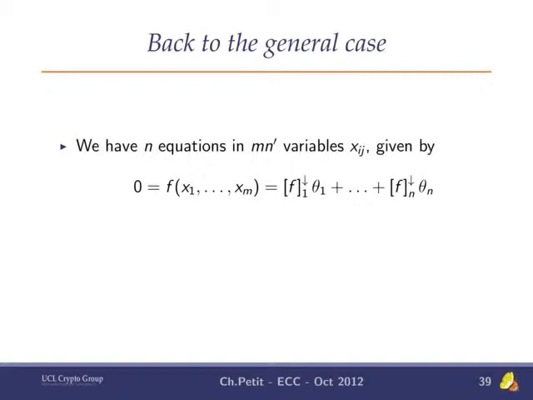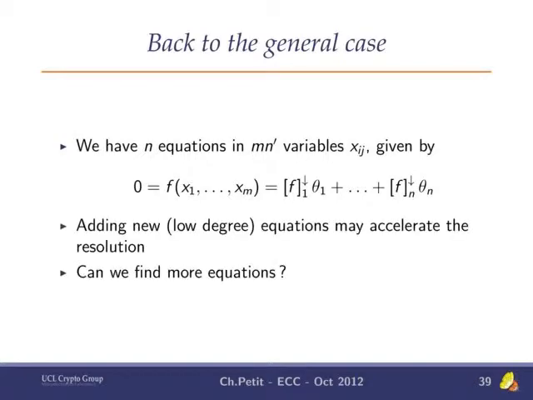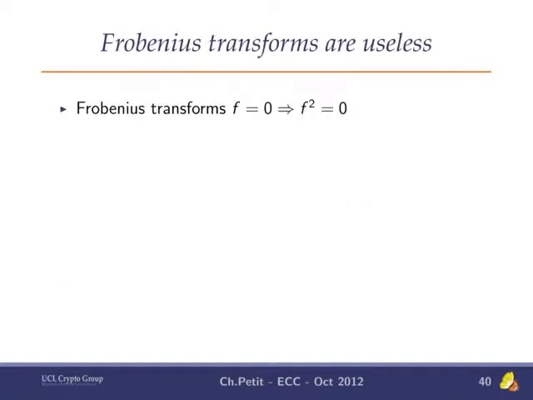We had n equations over m times n variables that were given by applying the Weil descent to the components. And we know that if we could add more equations to the system, then we could accelerate its resolution, right? So can we find more equations? The first idea that we had was the following.